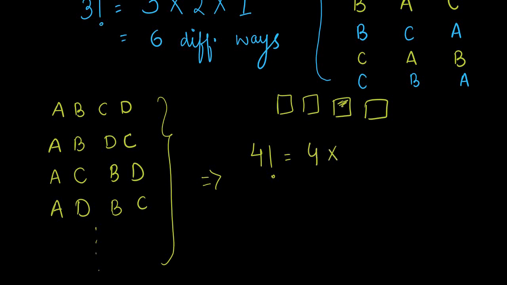Now suppose this is filled with A. How many are left for B? 3. Suppose he has taken this one. For C, 2 are left. And for D, just the last one. Here you go. That's why the number of ways for 4 students to be seated is 24. When you check all of these, you're going to get 24 ways, not one less, not one more.